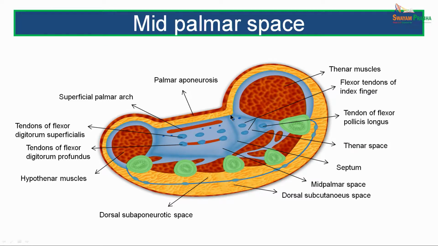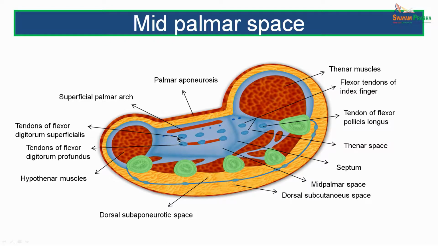Laterally, it is bounded by the intermediate septum, which separates it from the thenar space. Medially, it is bounded by the medial septum, which separates it from the hypothenar compartment. What we can also see here are the contents of the mid-palmar space.